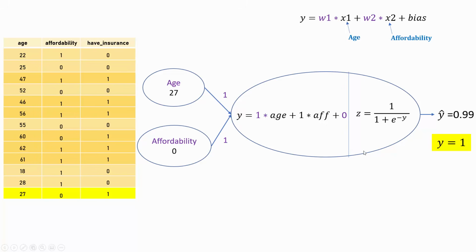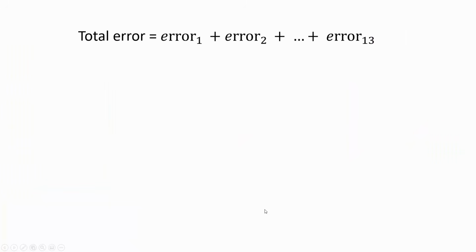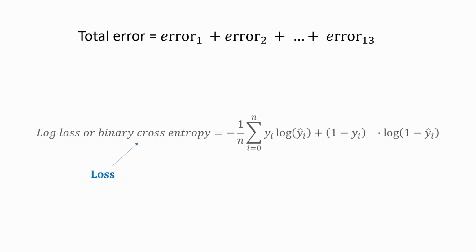You feed that, you get y hat to be 0.99, your actual y is 1, and error number 13 is 0.01. So now you sum up all the errors for all the samples, and then you calculate the loss. Here we are using log loss, which is also known as binary cross entropy, and that is nothing but the sum of all the losses, and you take the simple average of it.